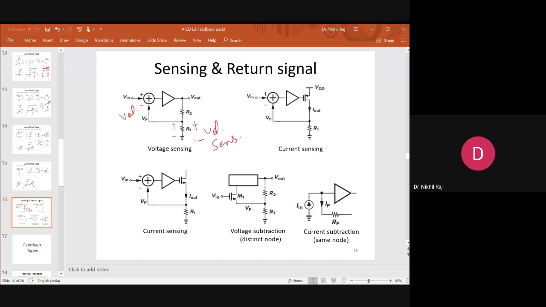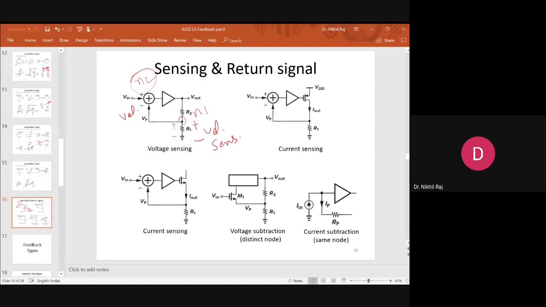The conclusion drawn here is, when I am sensing voltage I am doing it at some node n1, and when I am giving the feedback voltage as input, I give it at some other node, n2. This means if I need to do voltage subtraction or addition, two different nodes will be required, because at a particular node the voltage will always be the same.